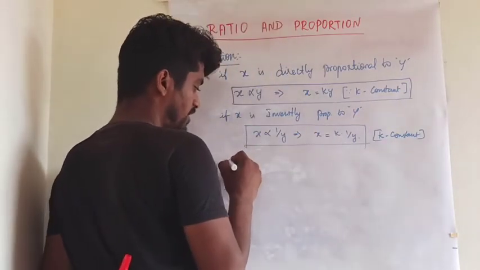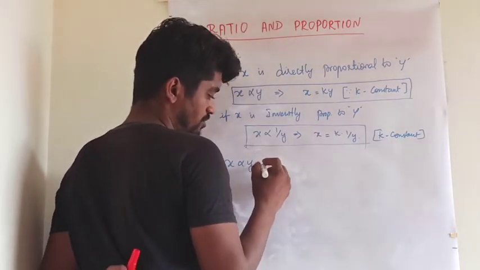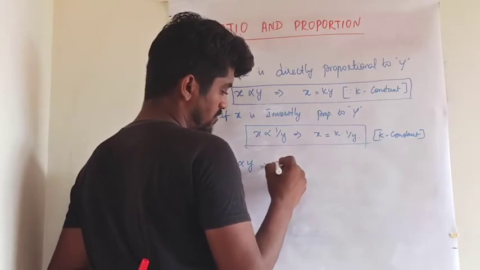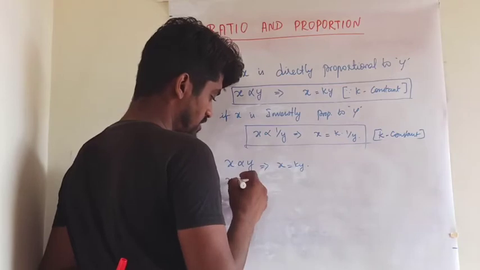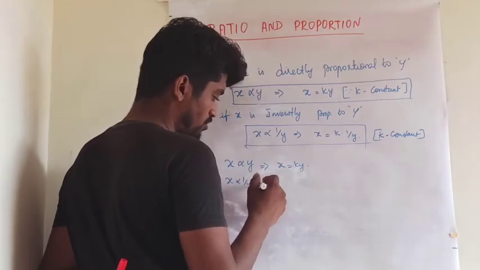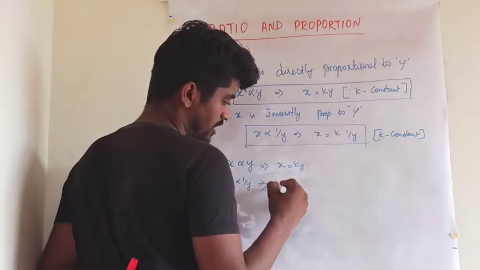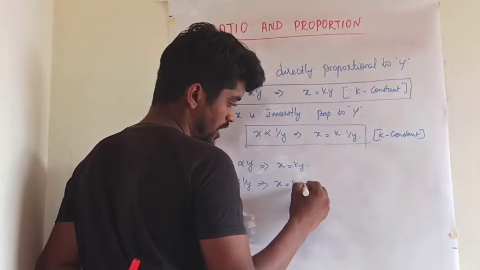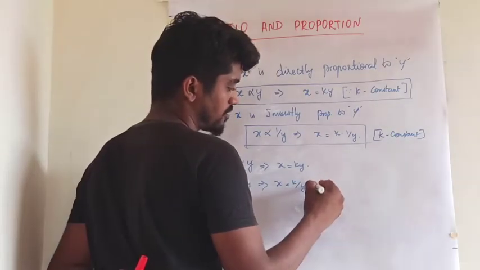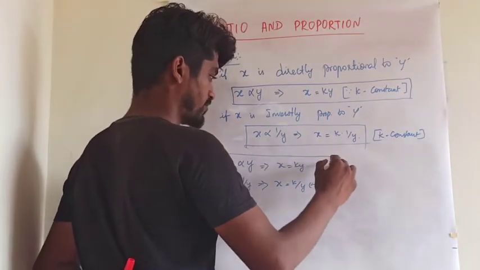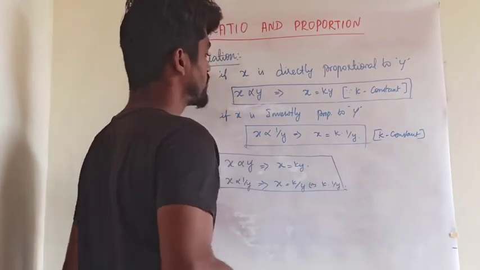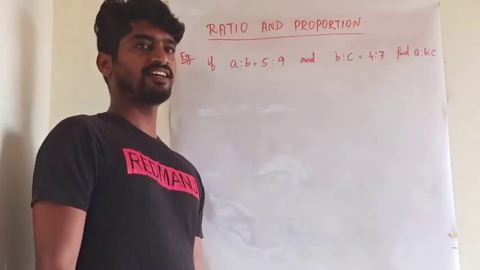So for direct proportion, X directly proportional to Y, we write X is equal to KY. For X inversely proportional to Y, we write X is equal to K by Y or K into 1 by Y. This is the variation.